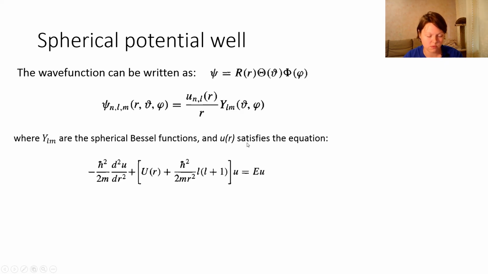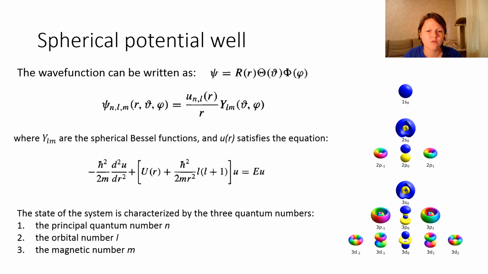If you were very observant, you noticed that the wave function has very familiar subscripts n, l, and m, and you will be right if you think that this looks like three quantum numbers.